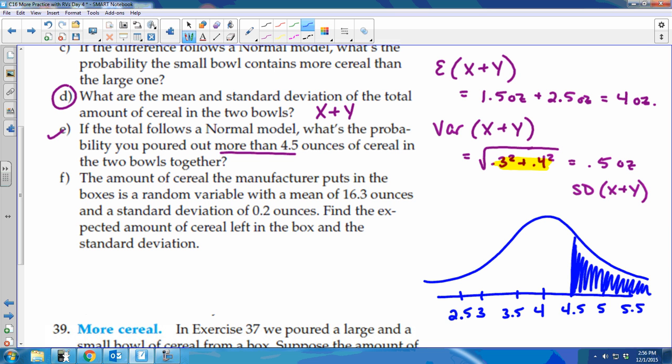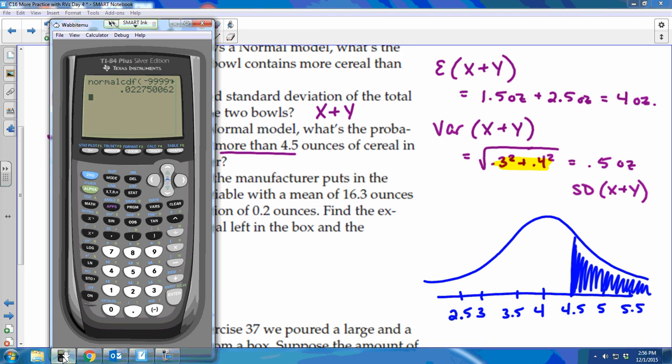Then I can use normal CDF again to calculate how often that would happen. So normal CDF, this time we're going from 4.5 ounces to infinity. Those are our boundaries, with a mean of 4 and a standard deviation of 0.5.